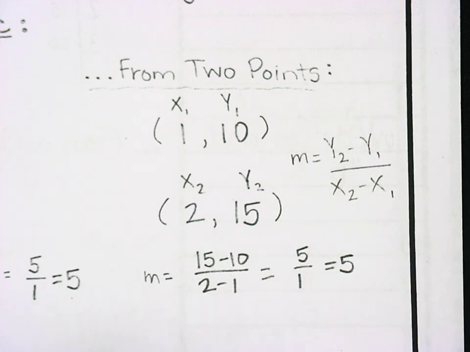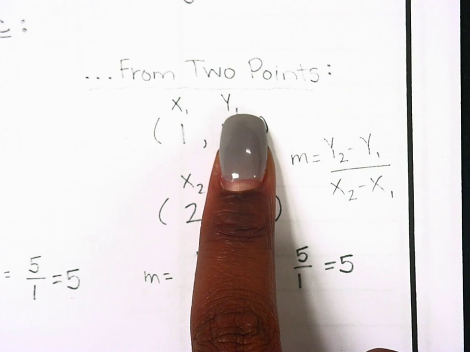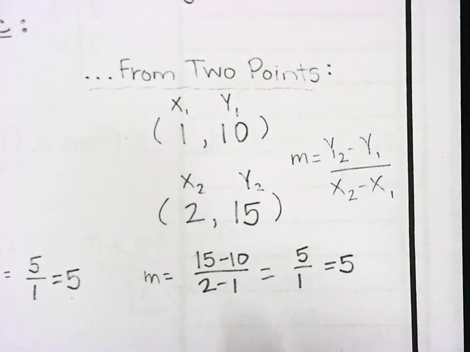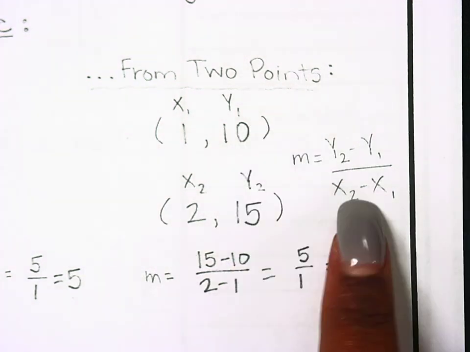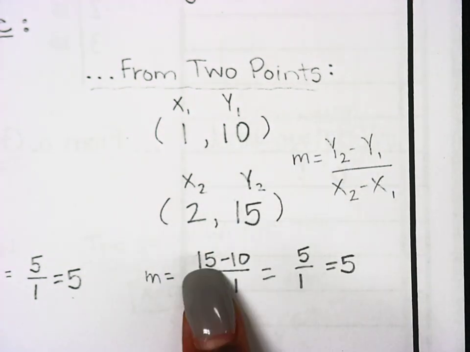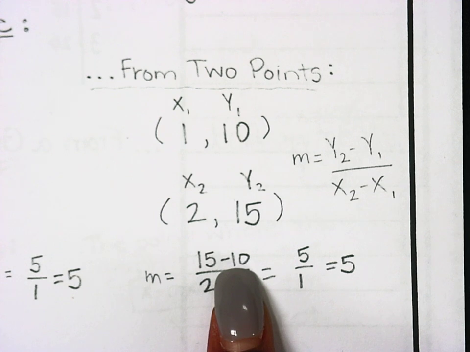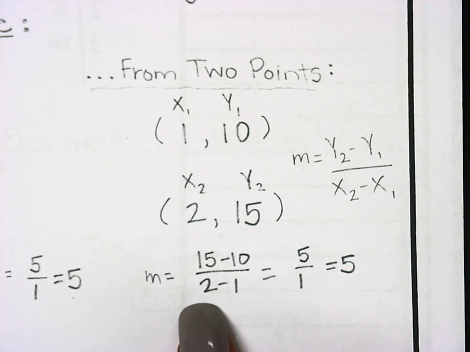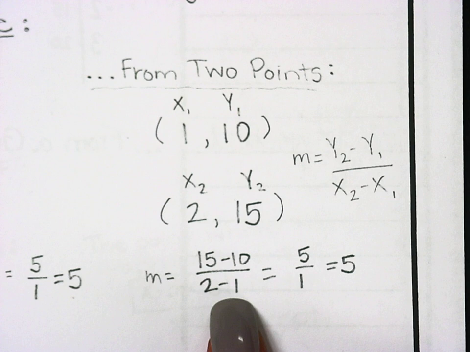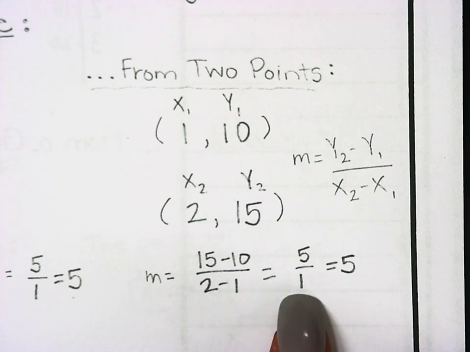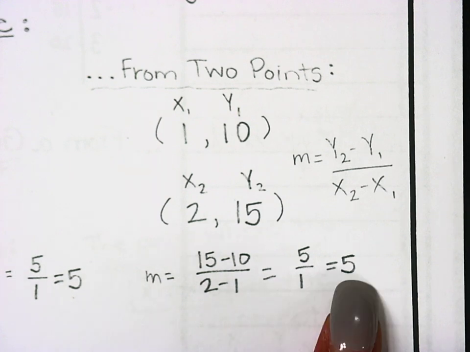The first thing that I did was label my points, x1 and y1, x2 and y2. After doing that, I'm simply going to plug these numbers from my points into my formula. So y2 is 15 minus y1 is 10 over x2 is 2 minus x1 is 1. That gives us 5 over 1, which is also 5.